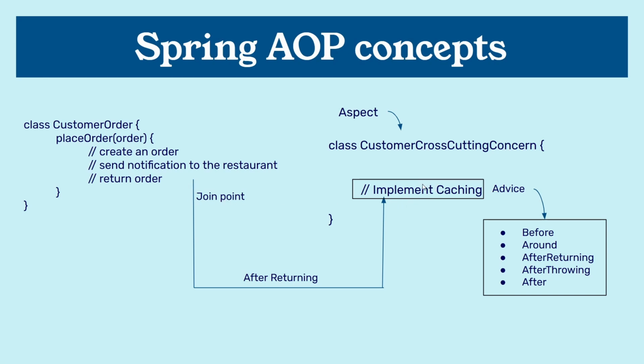Now it is possible that the advice be executed on more than one business logic method. Here in our example, we have place order. There could be a case where there is another business logic method which executes this caching, and we need the information of that join point as well.